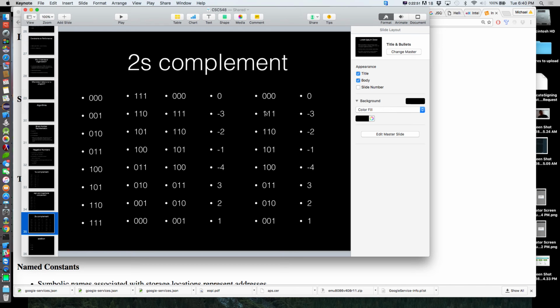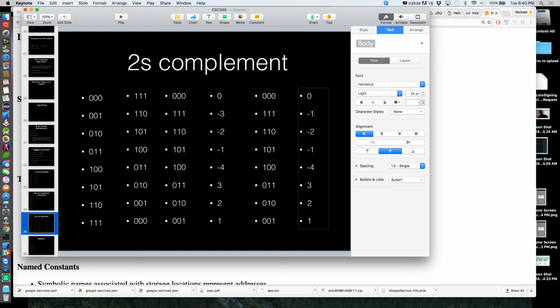So you had 111 as -1. Yes. Okay. Keep going. -2, 101 is -3, and 100 is -4. Okay, fair enough. Okay. So, fine, we'll use this system.